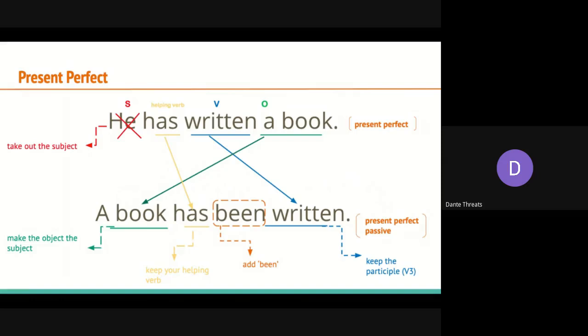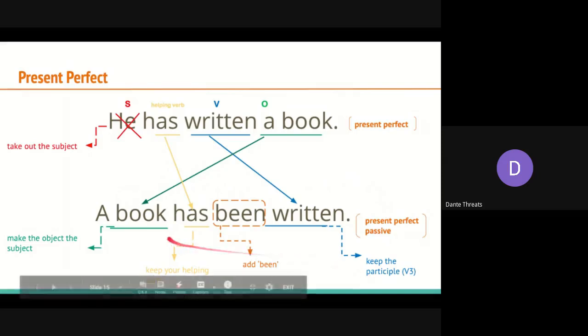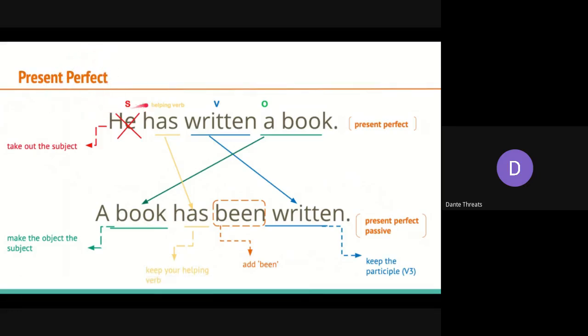And keep the participle, okay? So if we're dealing with the present perfect, it has a helping verb, has. And so the only thing that's different from the last one is that we keep the helping verb and we add been, okay?